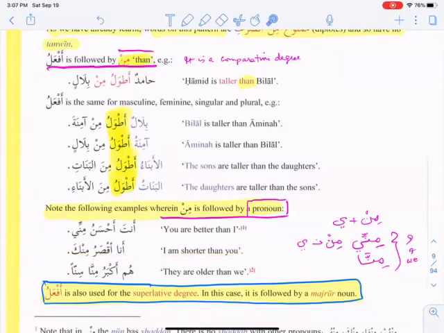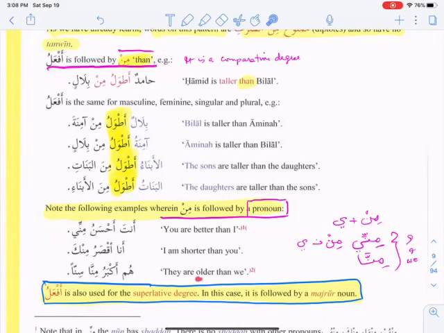So what kind of this? Ahsanu, these are all comparative degrees. Comparative degrees. Hum akbaru minna. I beg your pardon. They are older than we are. Where does it say older than we are?